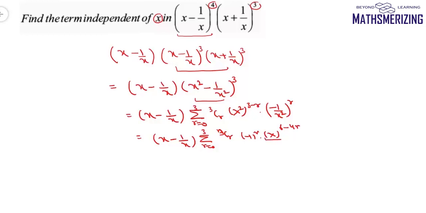Now if I look at all the powers of x, in this case, all the powers of x are even, and these powers of x will be multiplied with either x or 1 upon x. So in that case, I'll always end up getting an odd number. So in this case, there is no term which is independent of x. So the term independent of x in this case will be simply 0.